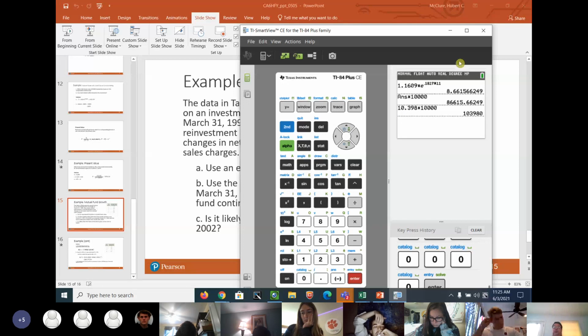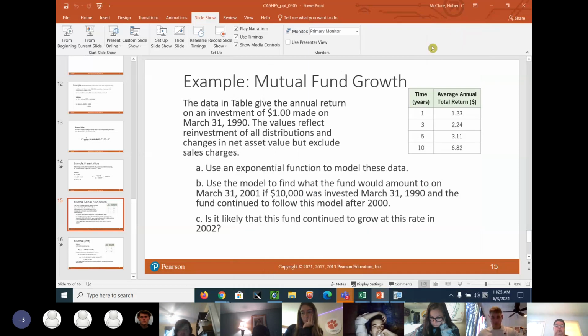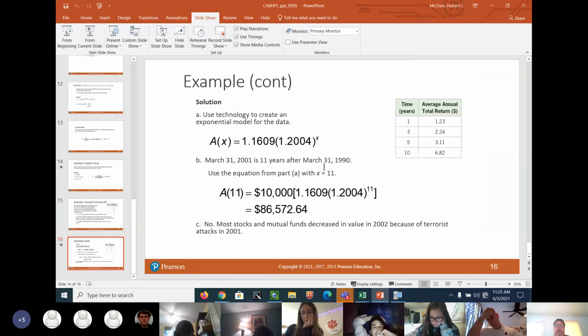Looks like to me it's still growing. Okay. We're gonna have to figure out why we got a different one. I don't understand that one. I'm gonna have to figure that one out now. But that's it. That's 5 point.